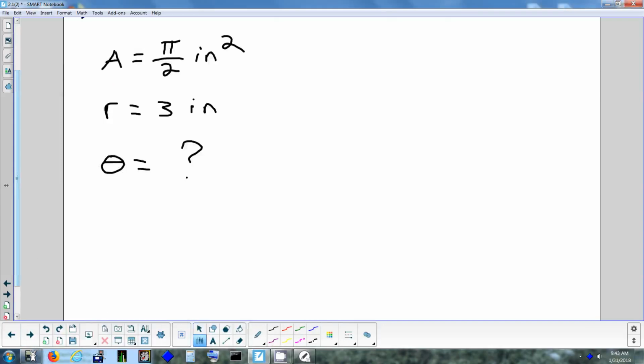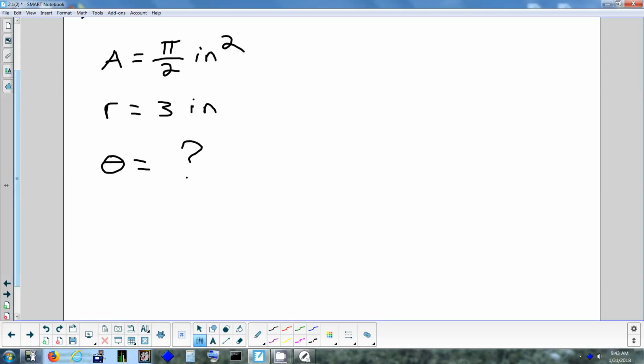Step 1, decide if you should use the arc length or area formula. Austin, which formula should I use here? The arc length. Okay, and why do you say arc length? You should use the area?